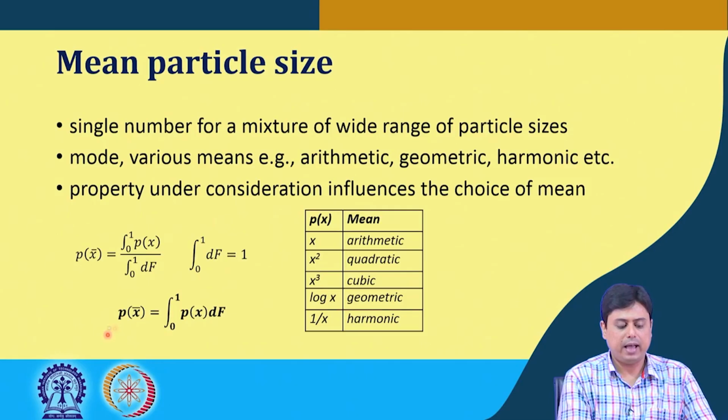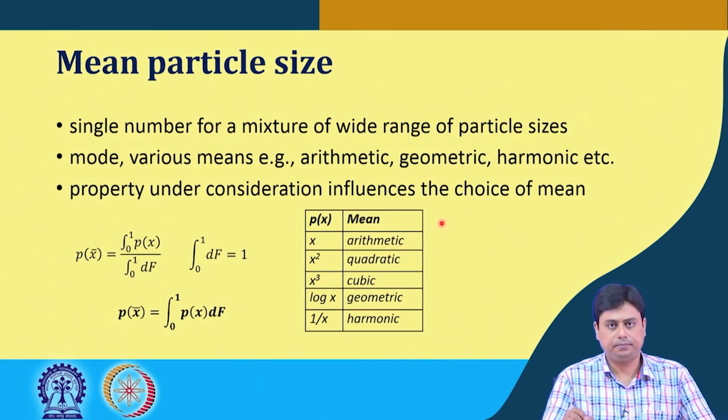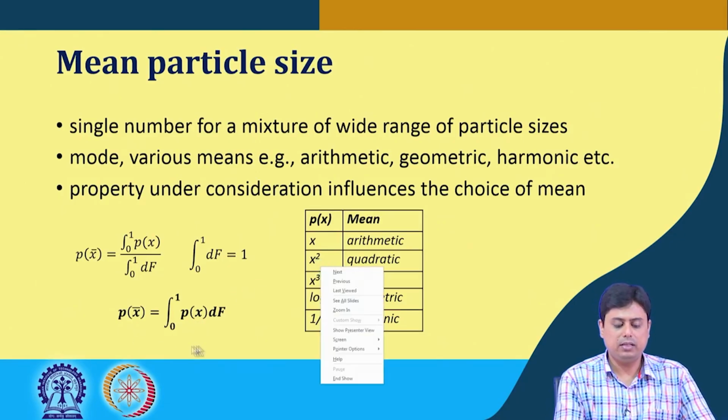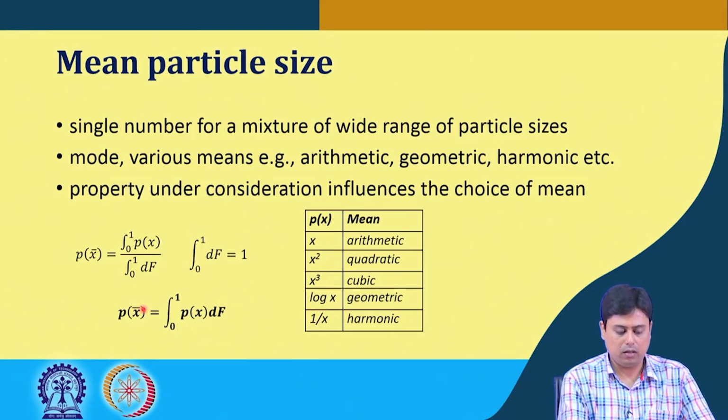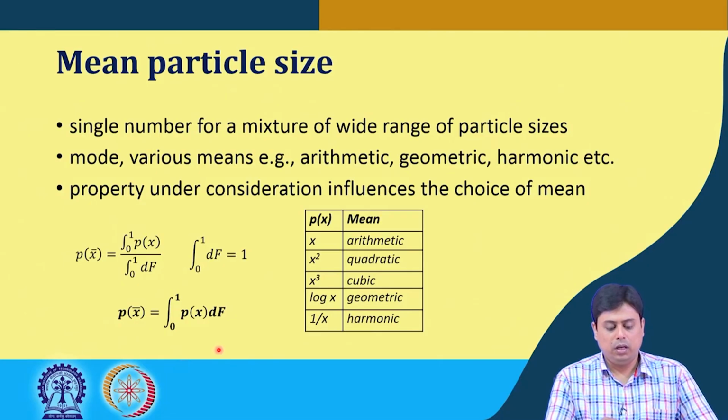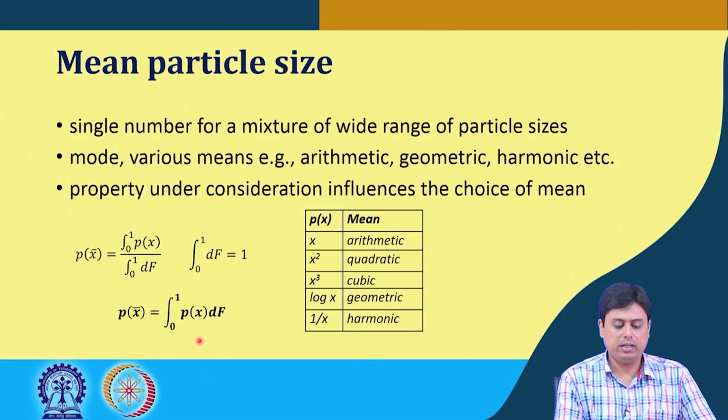So, ideally it is 1. Basically the average, or mean, of this parameter p(x) is determined by this function. If p(x) is x, then you get the arithmetic mean. If p(x) is x square, this mean is called the quadratic mean. This p bar is the average value. If p(x) is x cube, this definition gives the cubic mean value.